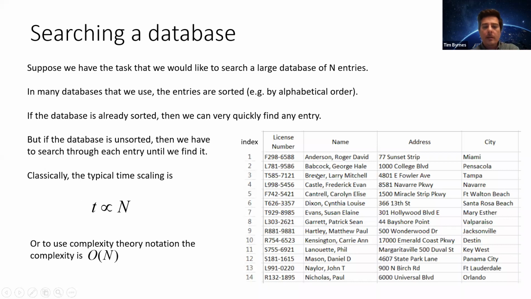If we were trying to search by name, of course, this is not such a hard problem. If I say I want to find the guy called Evans, these names are ordered alphabetically.